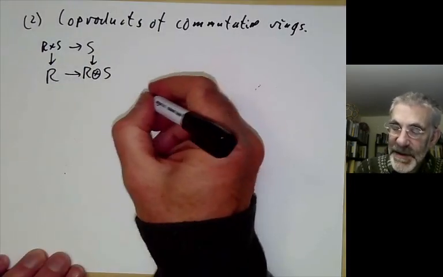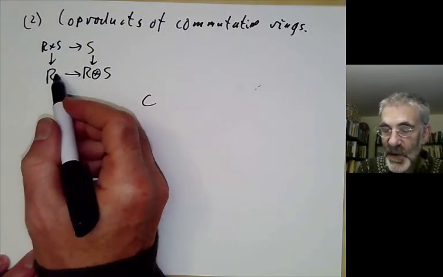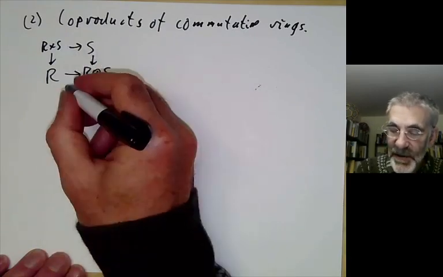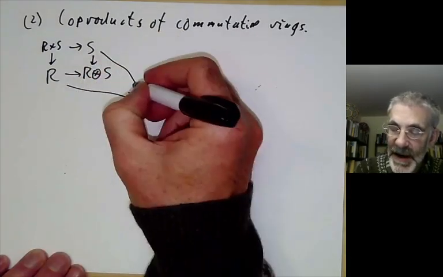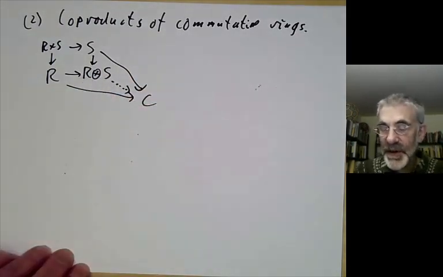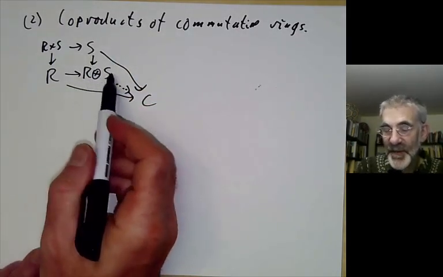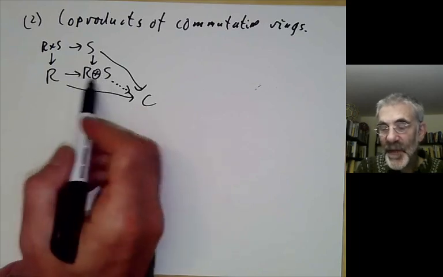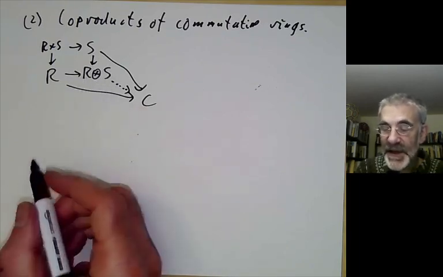And what we want is this to be a sort of universal ring generated by R and S. So if we've got any homomorphism from R and S to some ring, there should be a unique map from this coproduct to it. And as is strongly suggested by the notation, this actually turns out to be the tensor product.